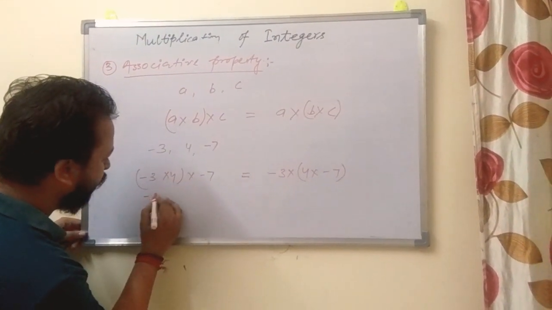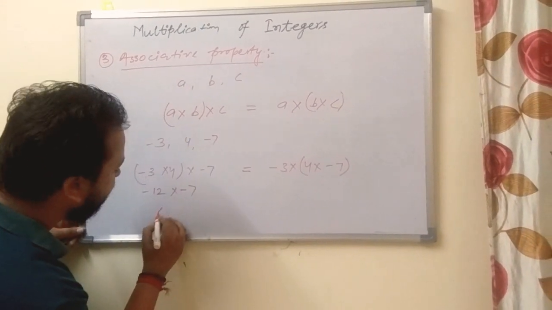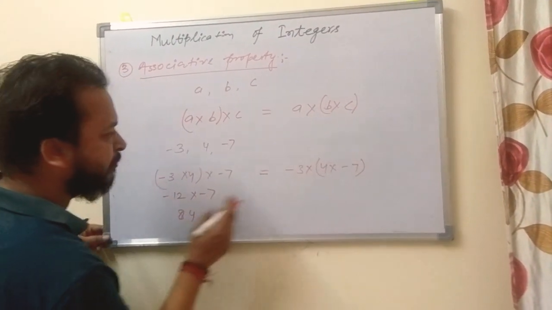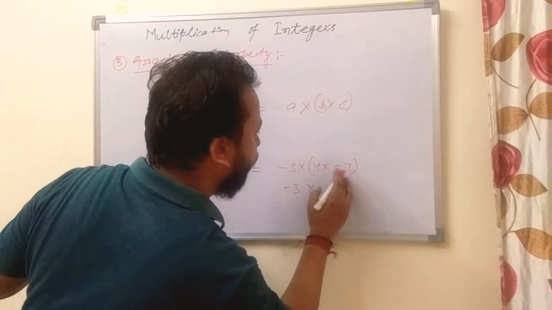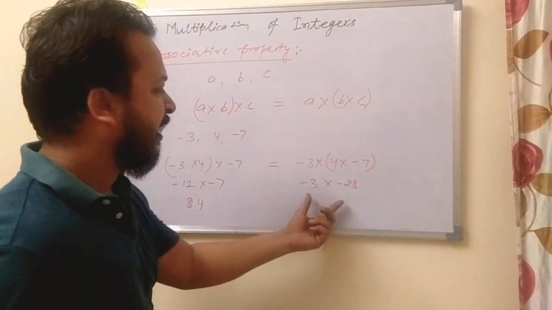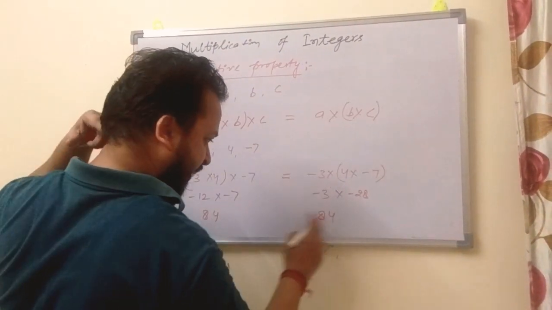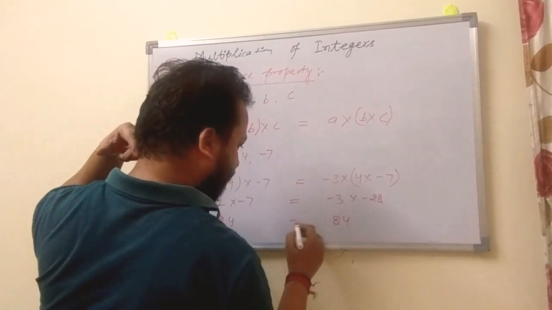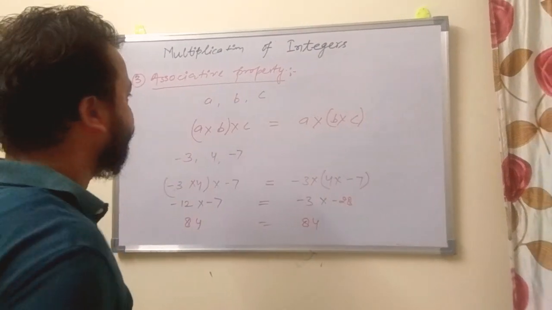Minus 3 multiplied by 4 is minus 12, multiplied by minus 7. 12 7s are 84 and that is positive. Minus 3 multiplied by 4 7s are 28, and 28 3s are 84. That is also positive. So the answer is the same.